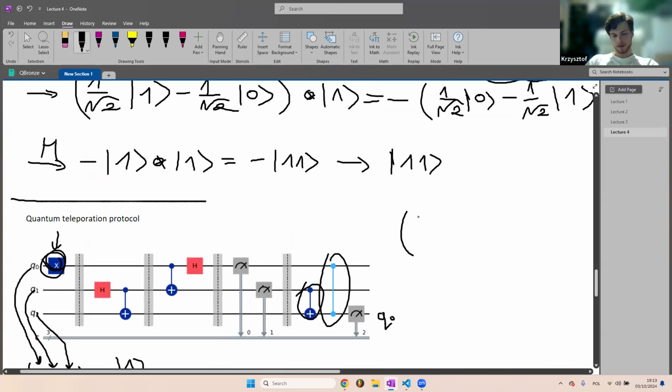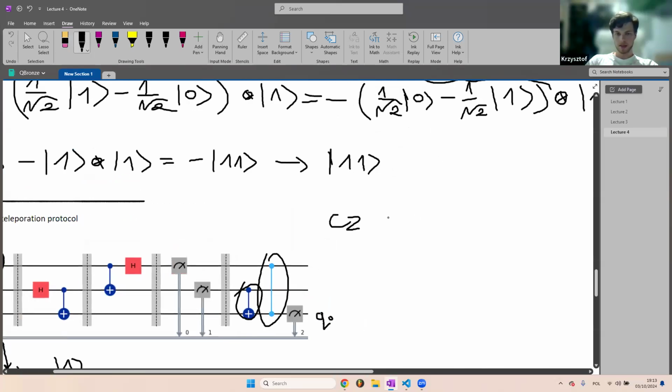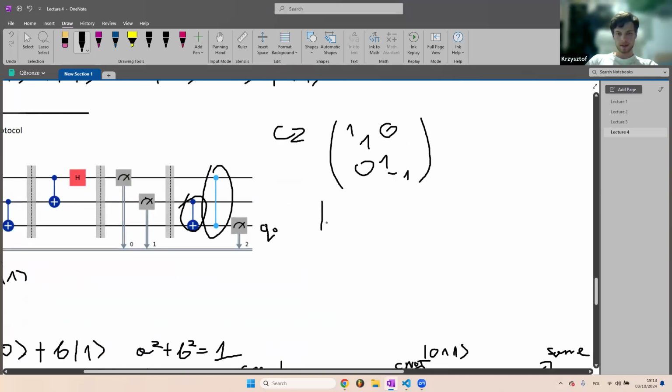So the matrix of the control Z gate, let's say, is 1, 1, 1, minus 1, and 0 elsewhere. And what this gate does is the state 0, 0 stays the same.